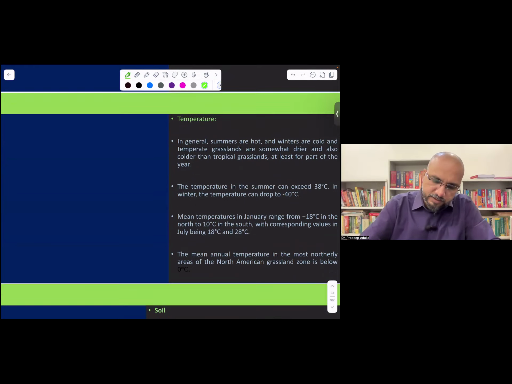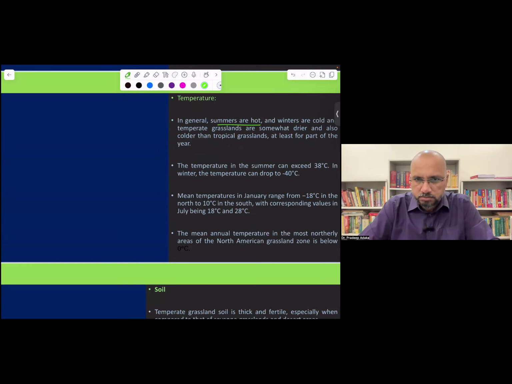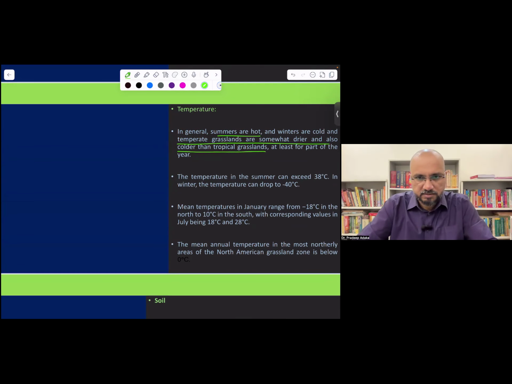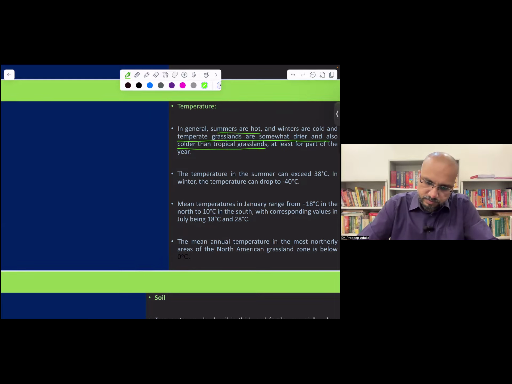Summers are warm, not very hot but warm, and winters are cold. Temperate grasslands are somewhat drier and also colder than the tropical grasslands, at least for part of the year. So temperate grasslands are colder and a bit drier when you compare them to savanna.